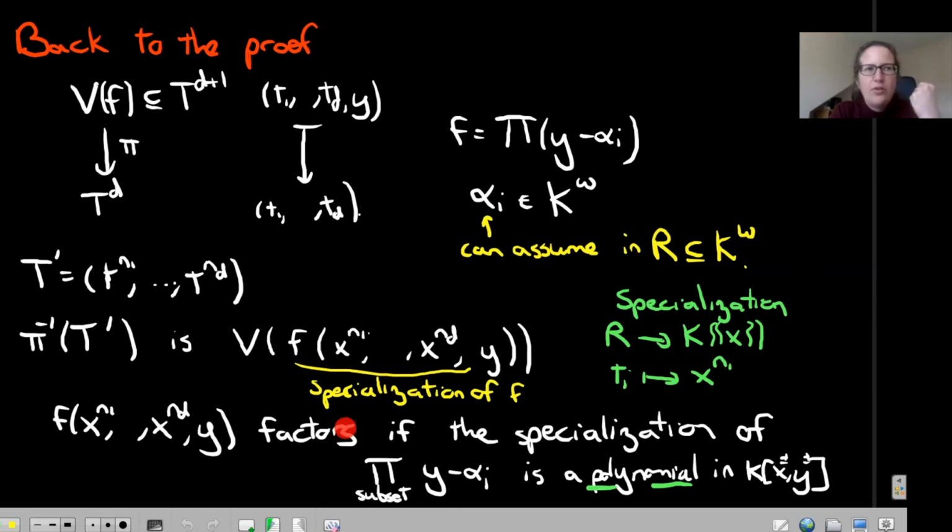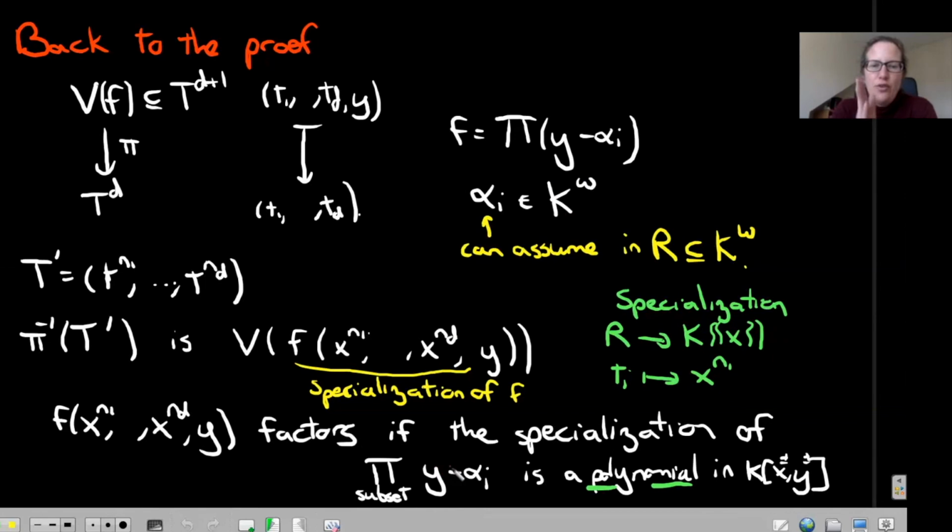So we want to know this factors if the specialization is a polynomial. And the trick is to check that, because of the control we have on the field, that won't happen for almost all subtori.